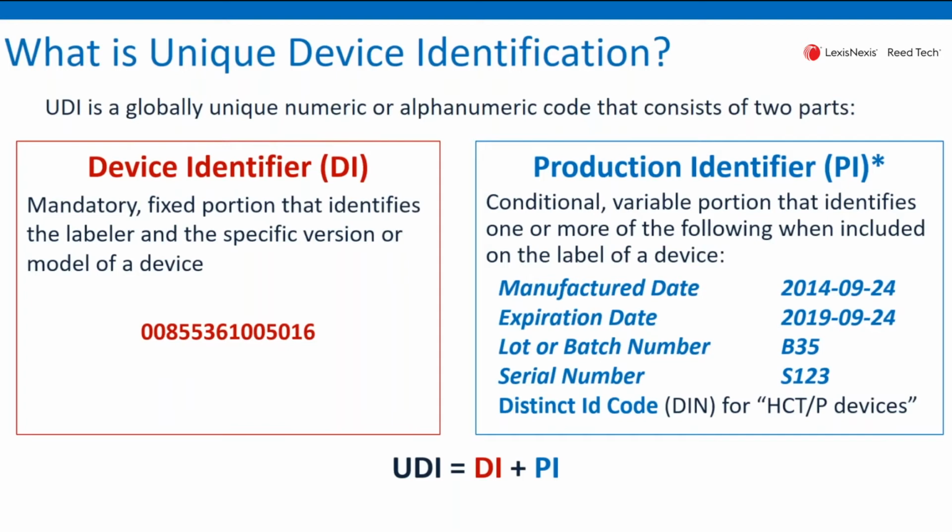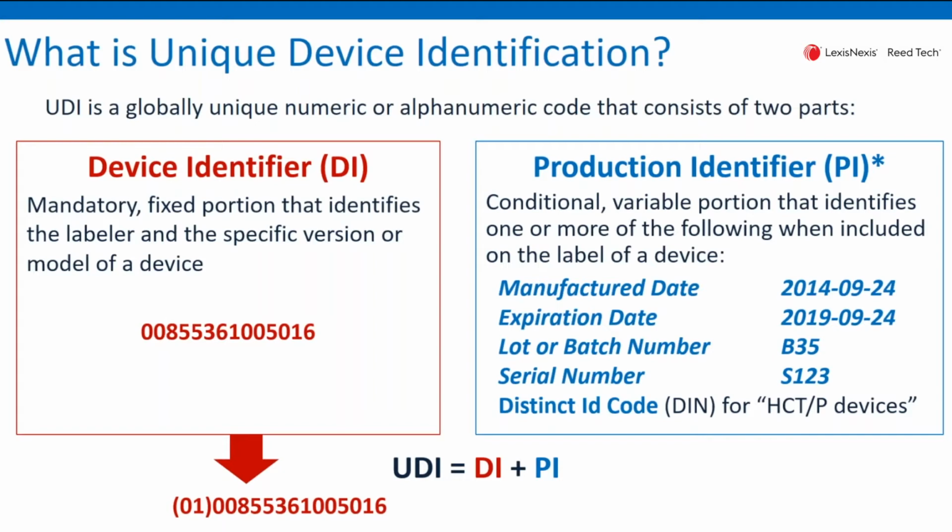If we were to construct a full UDI with the sample data in front of us, the parentheses 01 close parenthesis prefix is included in front of the device identifier, and that helps the various automated reading computers and other types of barcode readers identify the value that follows.